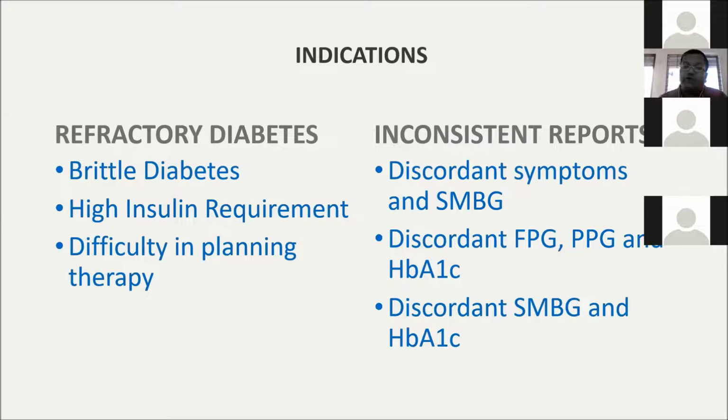Also, when we are not sure about the reports and the symptoms, the individual reports don't go together. So a discordant profile between the symptoms and the reports leads to the use of a continuous glucose monitoring system and the representation of its data with the help of AGP.